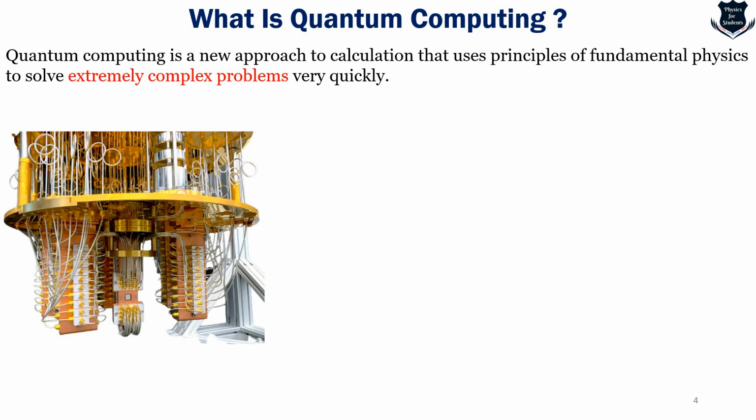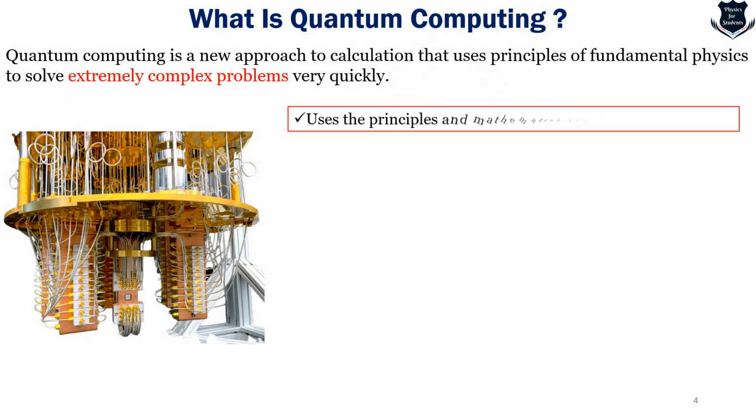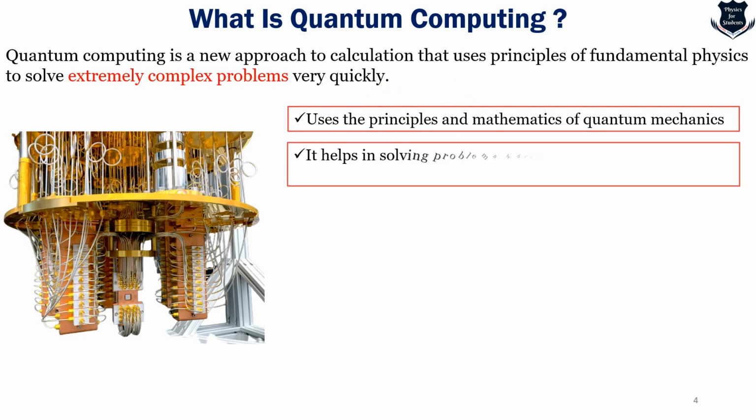Hence, quantum computing uses subatomic particles such as electrons or photons, and quantum bits or qubits allow these particles to exist in more than one state, and we are going to look at that soon. So quantum computing uses the underlying principles and mathematics of quantum mechanics. It helps us in solving problems which today's computers cannot.